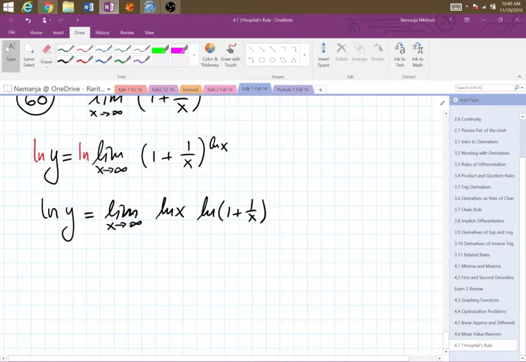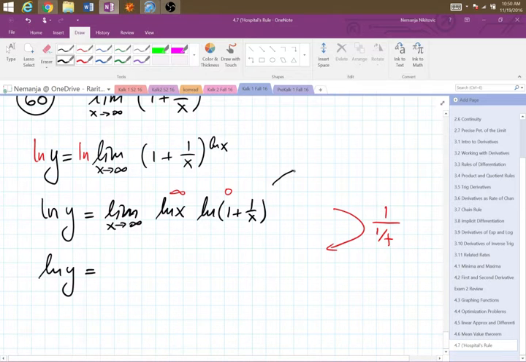And now this is infinity and this is 0. We use 1 over f. So ln y is equal to.